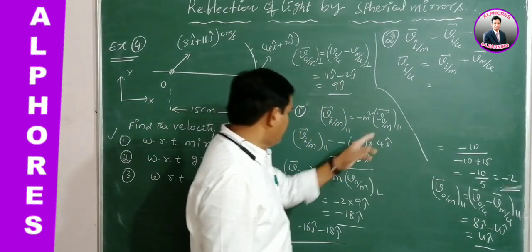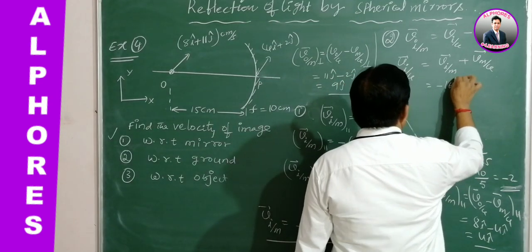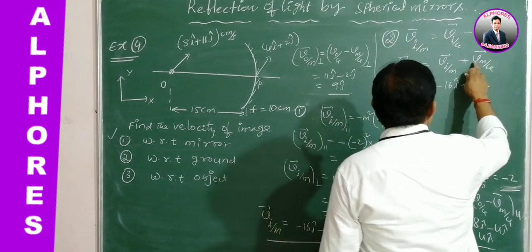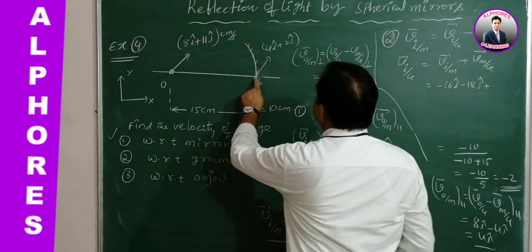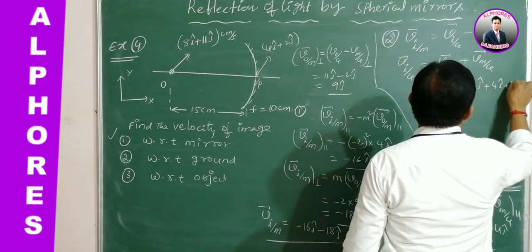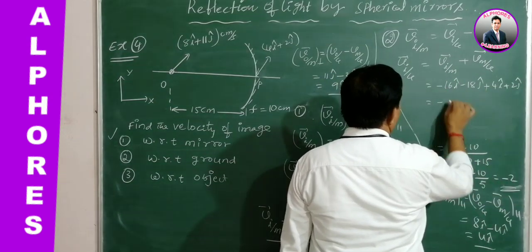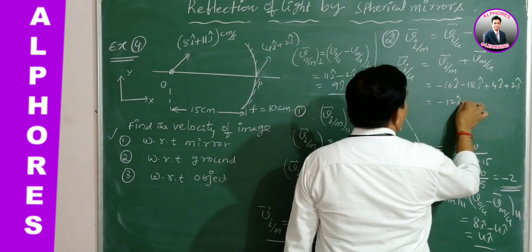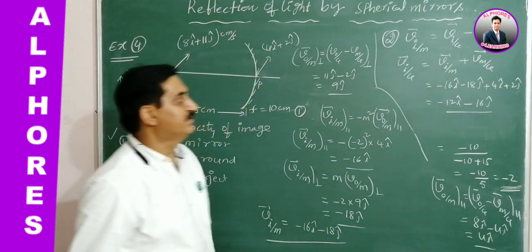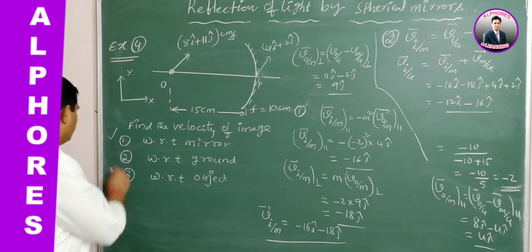Image with mirror is already calculated, put here minus 16i minus 18j. Next, plus mirror with ground, 4i plus 2j. So you will get minus 12i, and this one is minus 16j. So this is velocity of image with respect to ground. Second question is over.